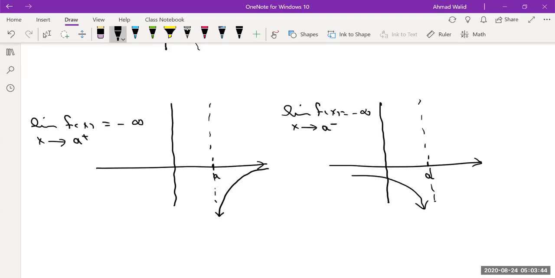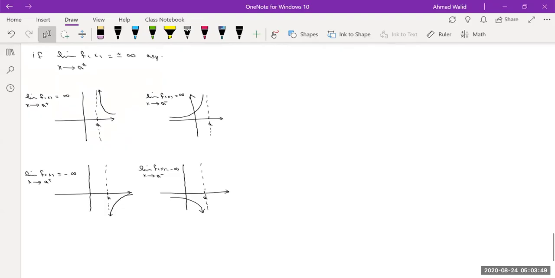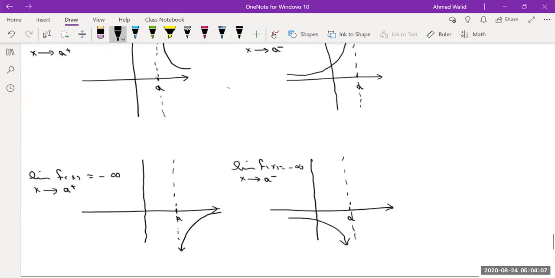There are 4 cases, not out of these 4. You have only these 4 cases. As x approaches a from the right, you can go to positive infinity or negative infinity. Approaching from the left, you can go to positive infinity or negative infinity. 4 cases, correct?